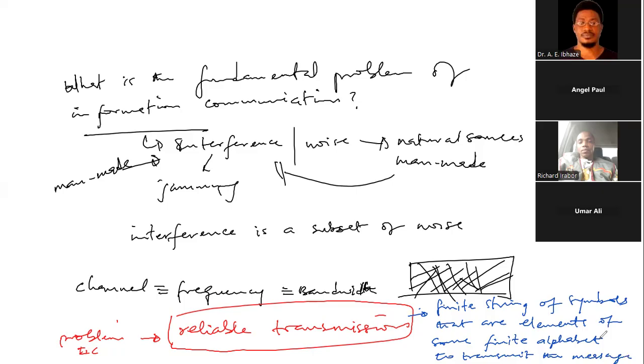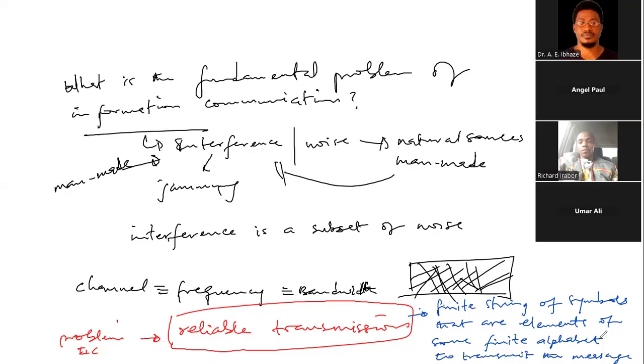So if this is our goal, to enforce efficient and effective coding and decoding, then we are saying that coding and decoding can be achieved by transmitting this information using some finite string of symbols that are elements of some finite alphabet.